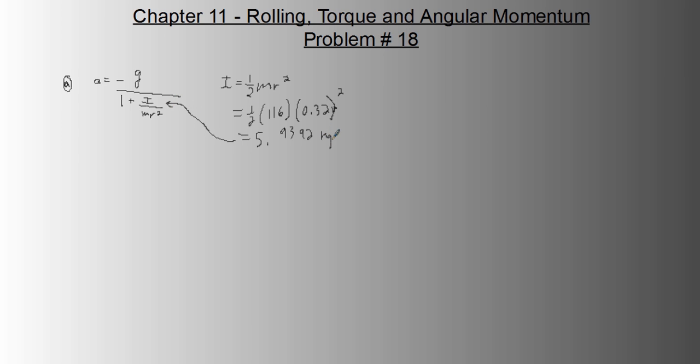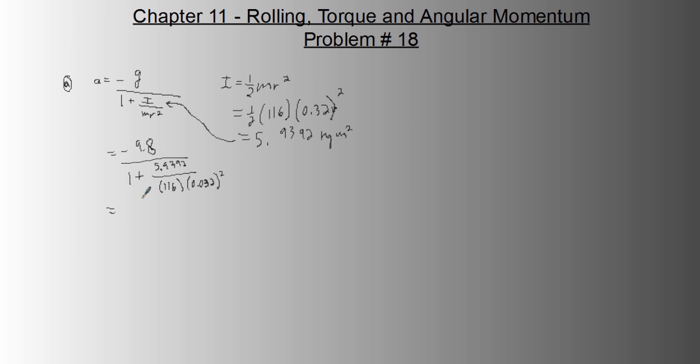This is a kilogram meter squared. So this becomes negative 9.8 over 1 plus 5.9392 over the same mass, 116, but this time the R, because as I derived for you, the tension is acting on the edge of the axle, not the very edge of the yo-yo, and so that has a radius of 3.2 centimeters, or 0.032 meters squared.